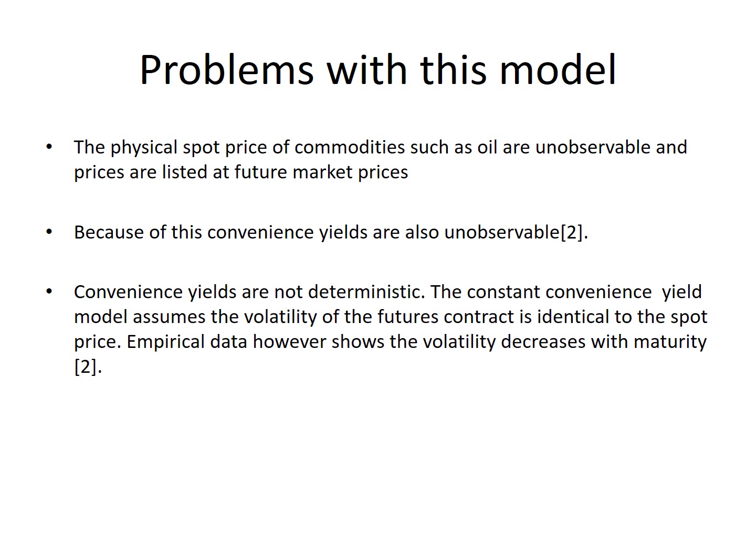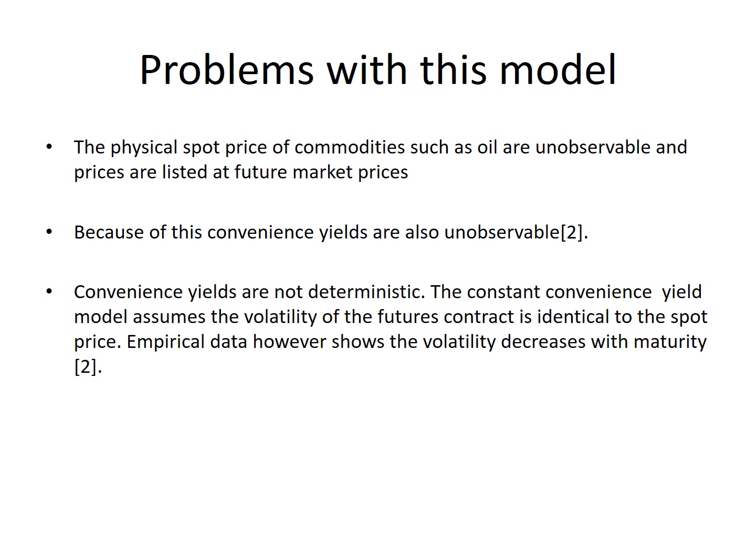The physical spot price of commodities. So let's have a look at problems with this model. The problem with this model is that spot prices such as oil spot prices are unobservable, and prices are actually just listed in the future market.